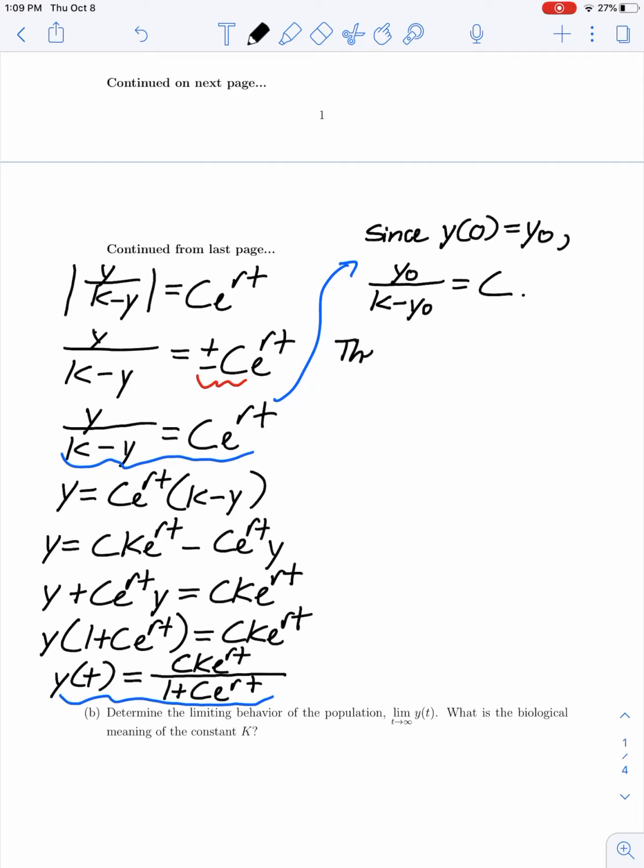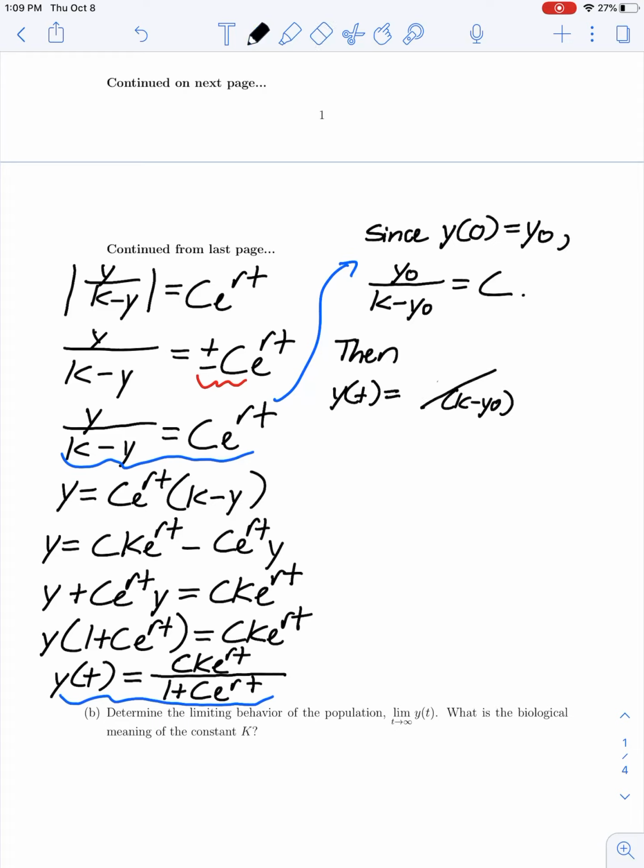we have y of t is given by c, which was y naught over k minus y naught, times k e to the rt. So let me write this as a single fraction.